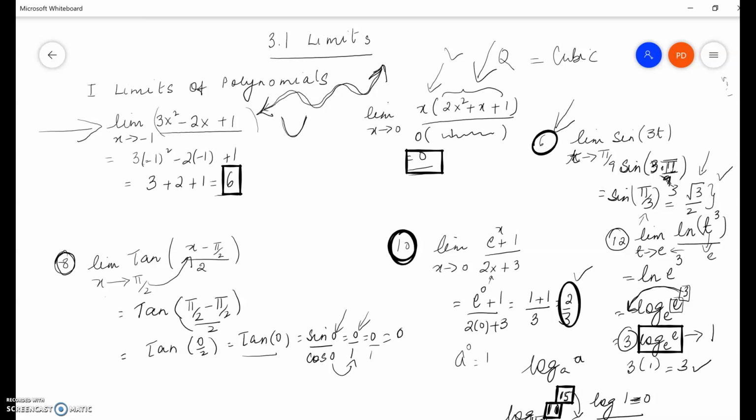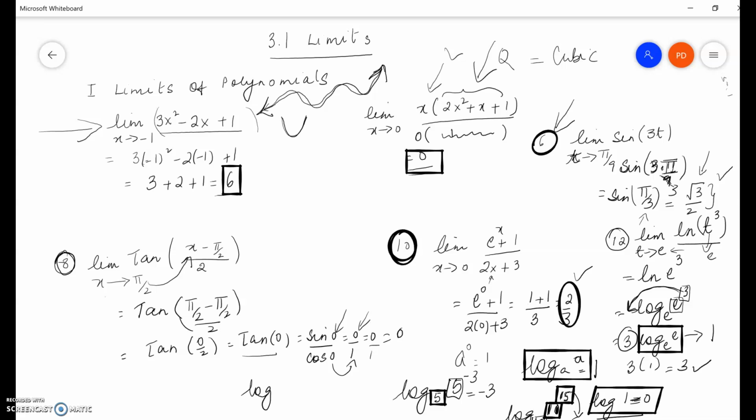So we just need to know some basic facts about the log function. Remember, the log of a number to the same base equals 1. We also have to remember that log of 1 equals 0. We also need to remember that if we have log of, for example, 5 to the negative 3 to the base 5, if this base is equal to this base, then the log of the number is the exponent, negative 3.